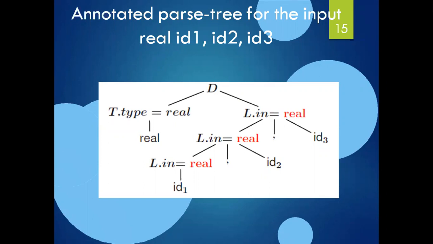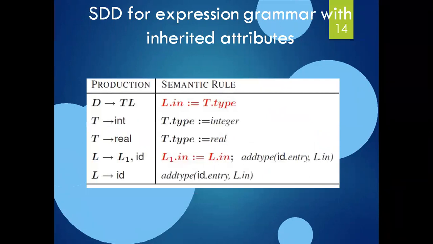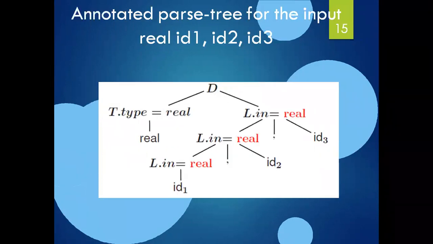But for the representation, we are taking the input from the semantic rules. The appropriate rules are chosen and we substitute them in place of the particular nodes, and finally we generate the input string real id1, id2, id3, right?